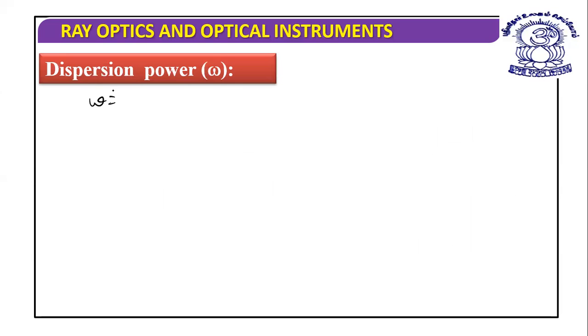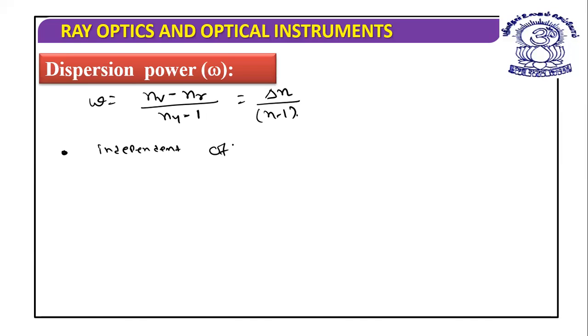We can also write it as (refractive index of violet minus refractive index of red) divided by (refractive index of yellow minus 1). That is delta n upon (n minus 1). The dispersive power is independent of the angle of the prism and angle of incidence.